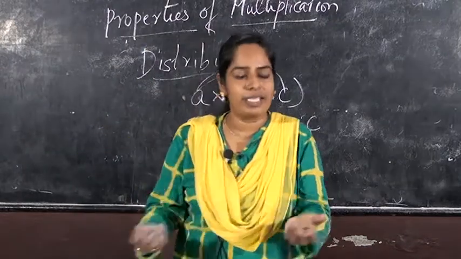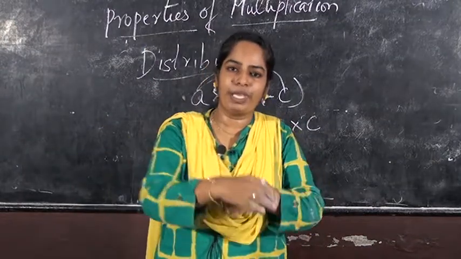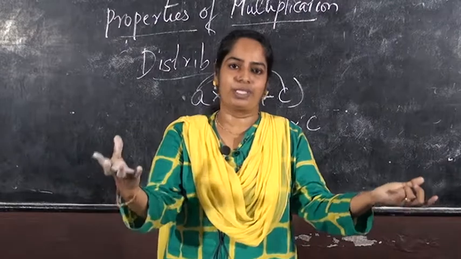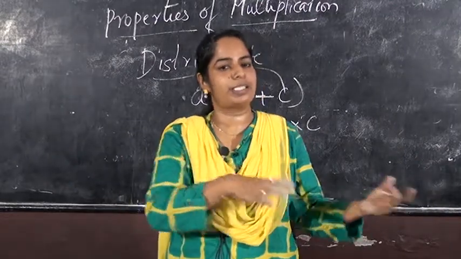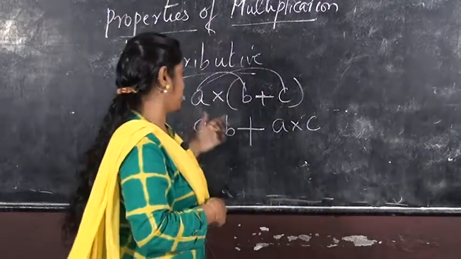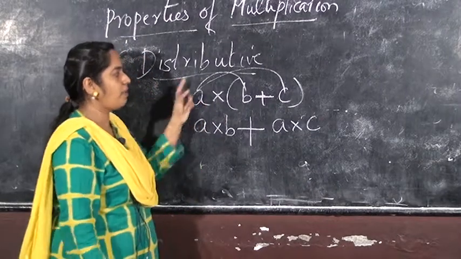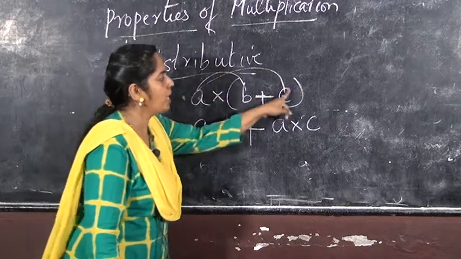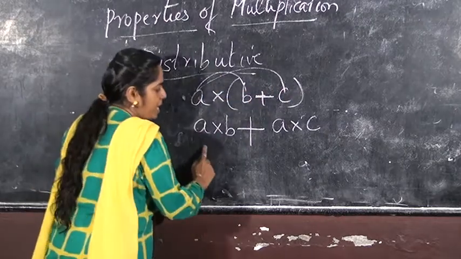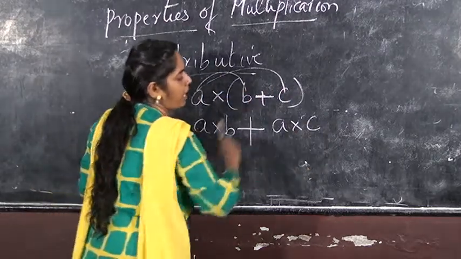There will be 2 or 3 children, so your papa and mama will bring sweets for both, for your brother and for your sister, same like that. They will be distributing sweets for you. So like that itself, here A will go to B and A to C also. So here A into B plus A into C.